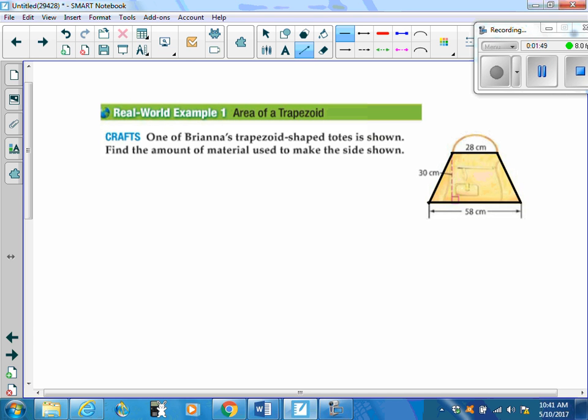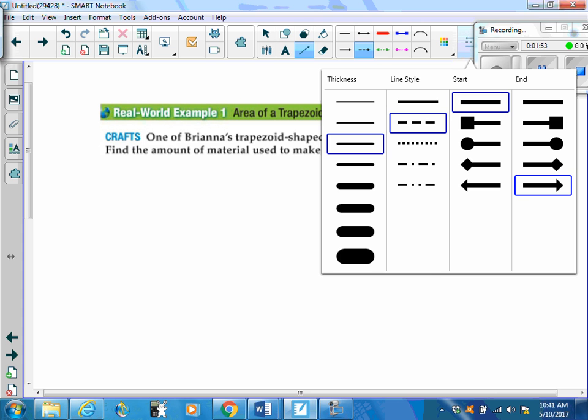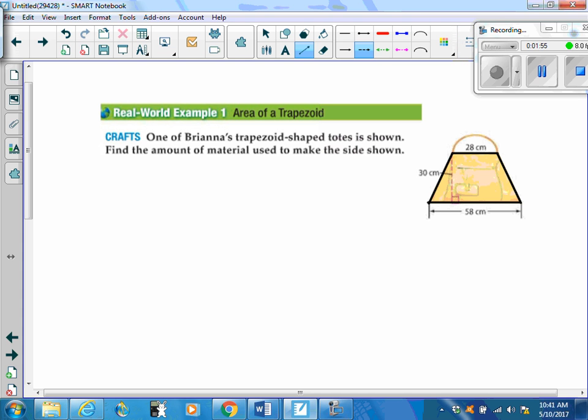I'm just going to outline that trapezoid, and then we have a height here. Okay, so the part shown, this is base 1, which is 28 centimeters. Base 2 is the 58 centimeter side, and the height is 30 centimeters.